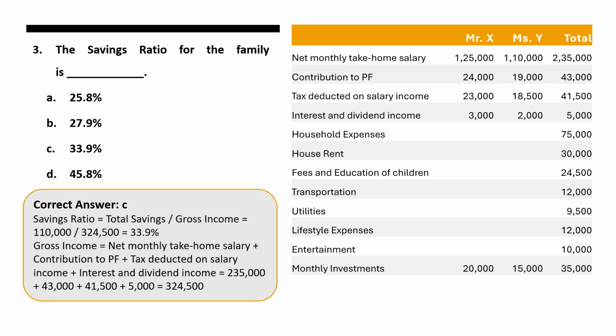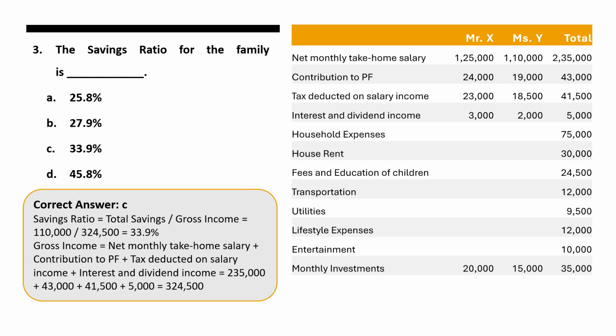Now gross income, how can we calculate gross income? It is the net monthly take home salary plus the PF contribution, because from net we are now moving to gross, so therefore we are adding this PF contribution and we are also adding the tax deducted on salary income.